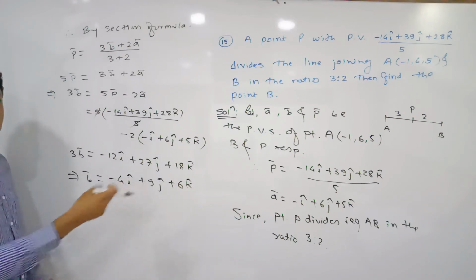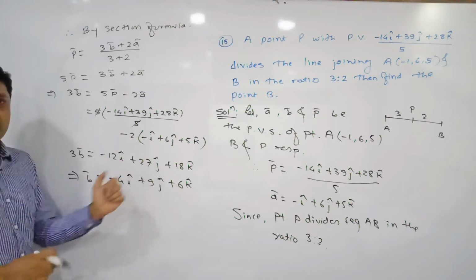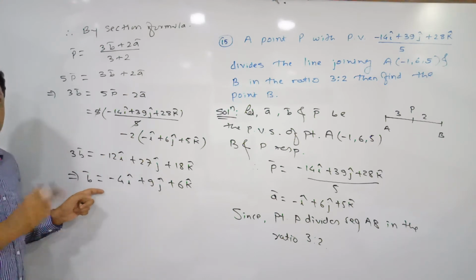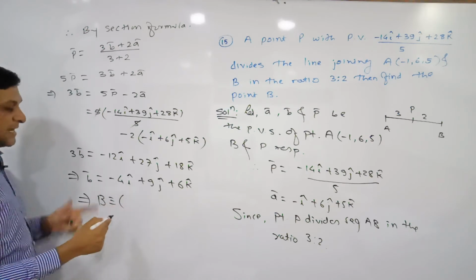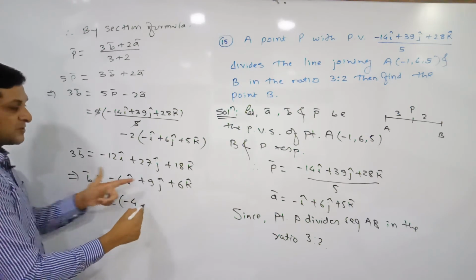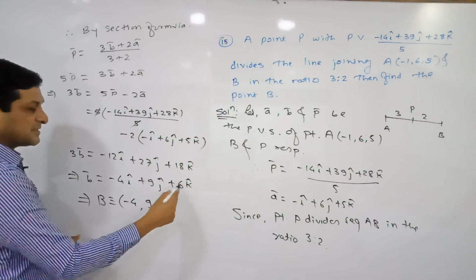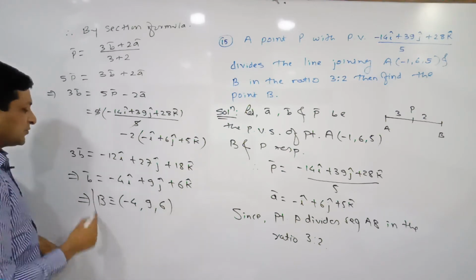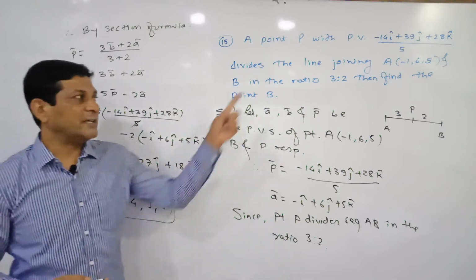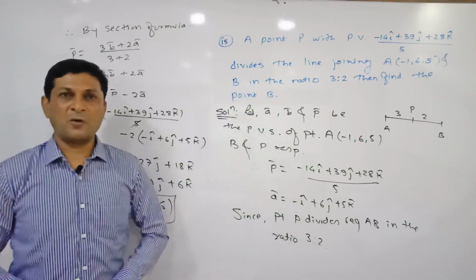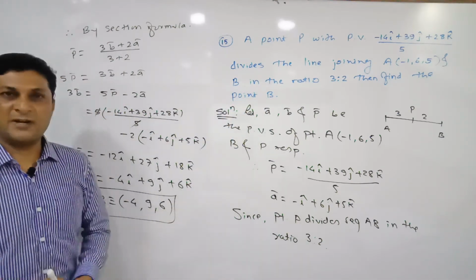Now B bar is the position vector of point B, so the coordinates of point B are: x coordinate is minus 4, y coordinate is 9 and z coordinate is 6. In this way we have got the coordinates of point B, which is what the question asked for.